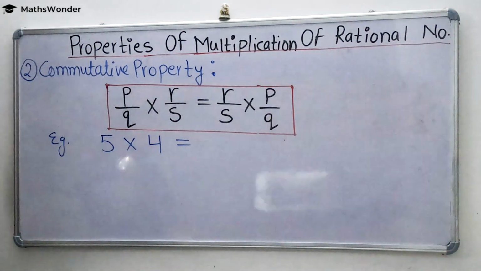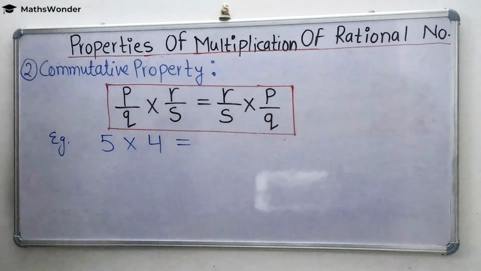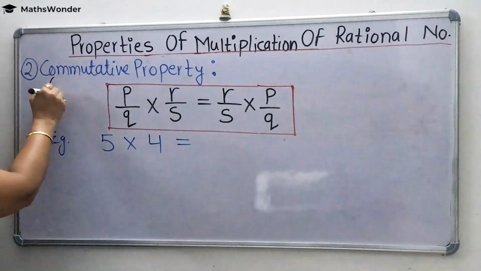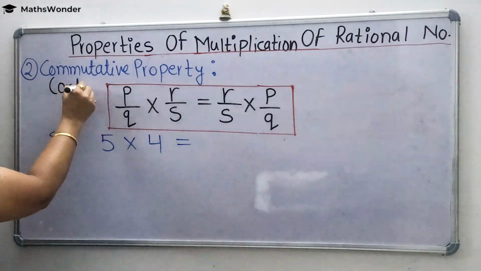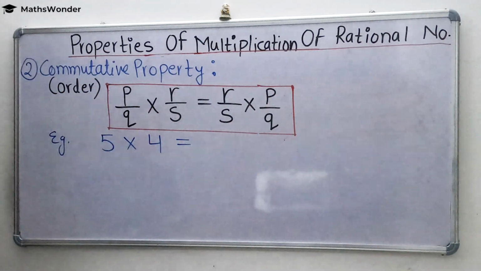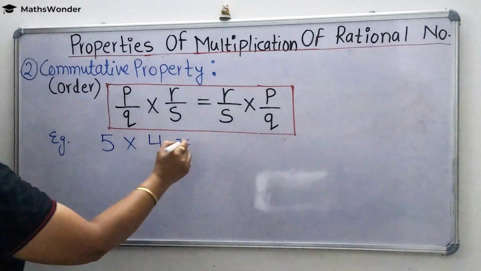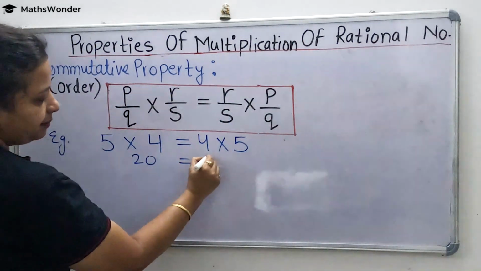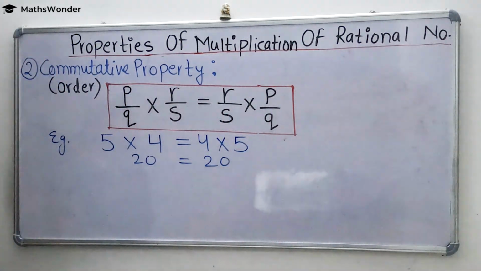So the second property of multiplication is the commutative property. The product of two rational numbers remains the same even if we change their order. As you know, we call it the order property also, right? So when you change the order, you will get the same number. So 5 times 4, if you change the order, gives the same on both sides, right?